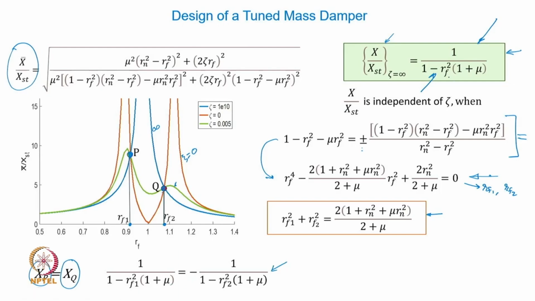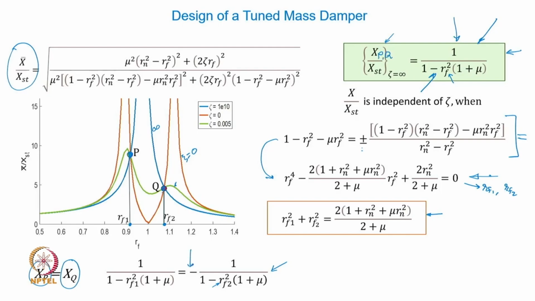So in the expression for rf, I'm going to use rf1 as the frequency ratio, and in the second part, that is for q, I'm going to use rf2 as the frequency ratio. Okay. So basically I'm using this expression to represent the response at point p and separately response at point q.